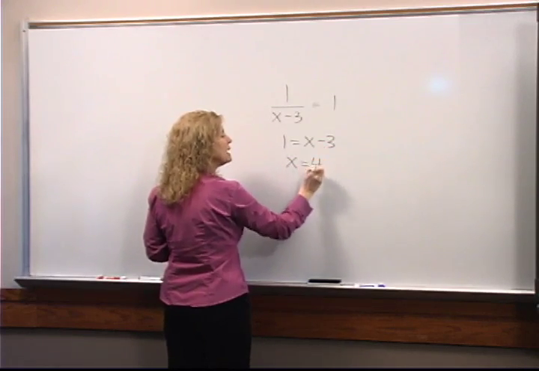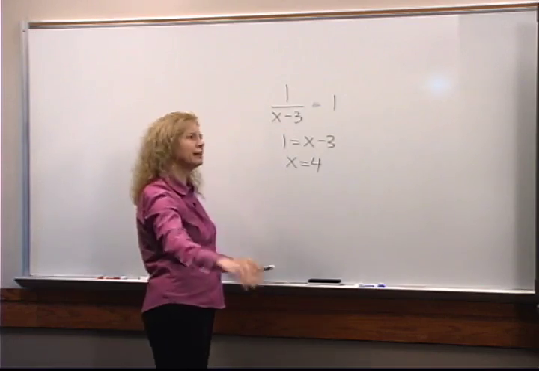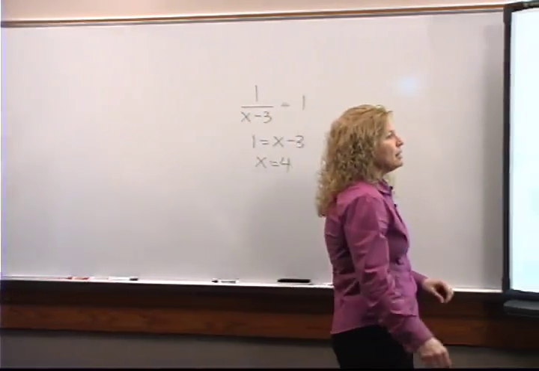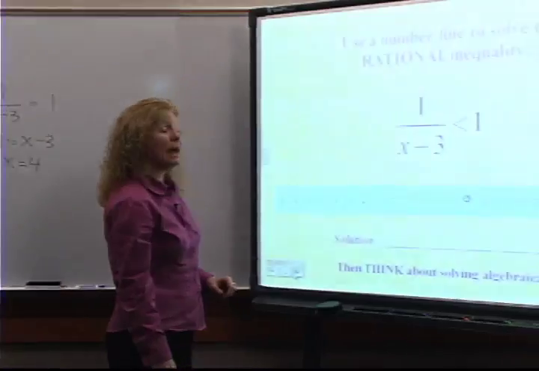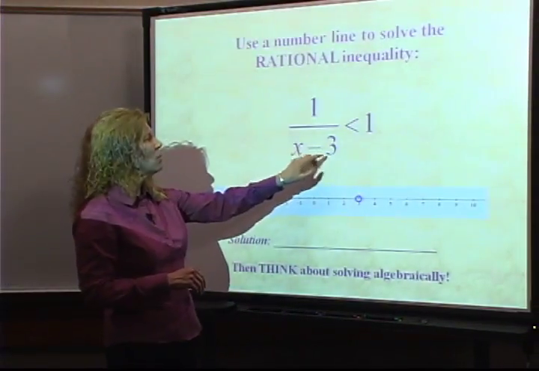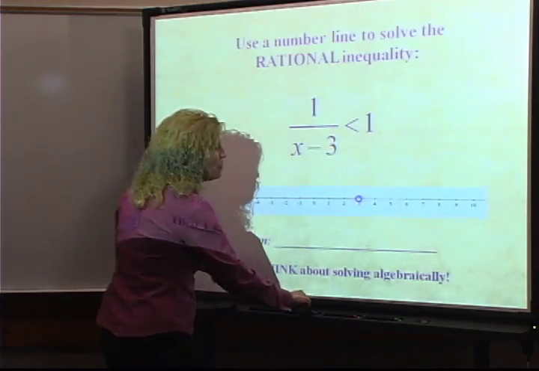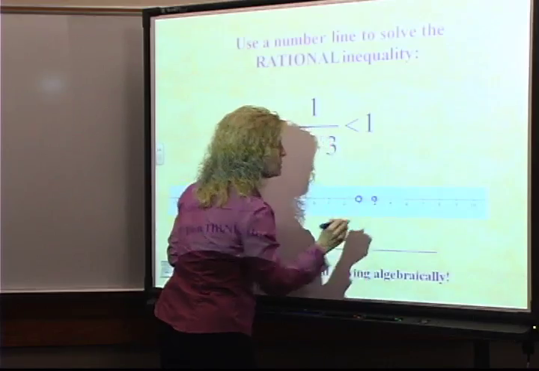And very quickly we get x is 4. And you can test that back and see real quickly, yeah, x is 4. Now, can x actually equal 4? Well, if I put in the 4, I get a 1, and 1 is not less than 1, so I would again put an open circle on 4.